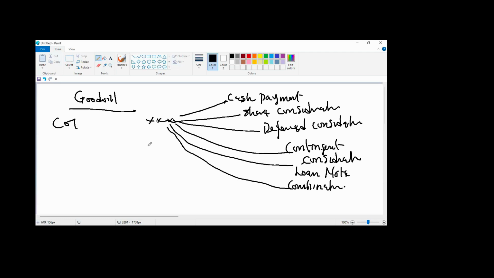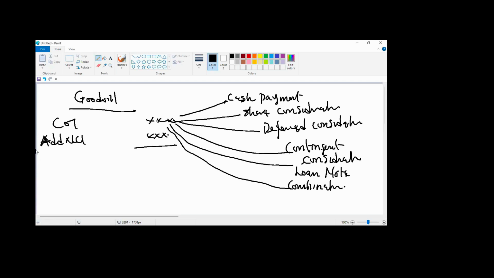So whether I've gotten my cost of investment, we add NCI to it. Don't forget NCI can be valued in two ways. Either it is fair value or share proportionate.